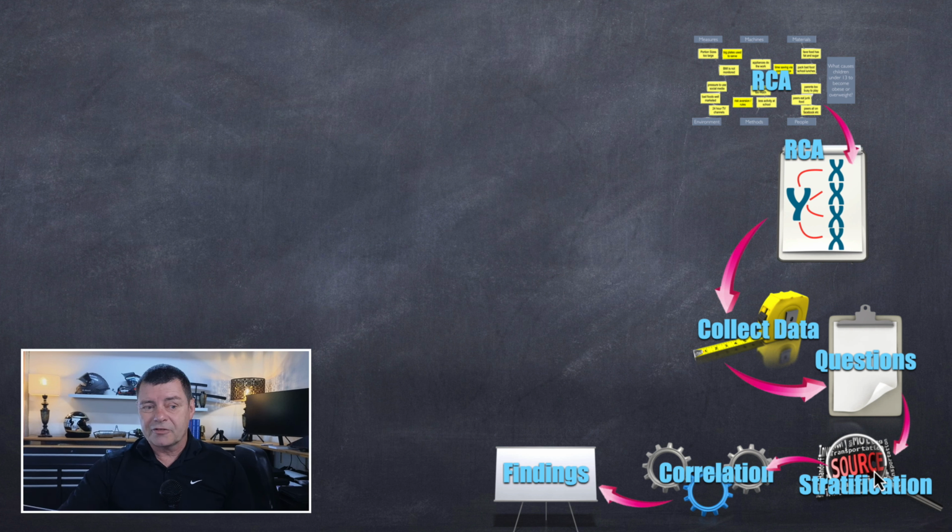We stratify the data where there are chunks of data we can pull apart and compare, and secondly we look at correlation between numerical X's and numerical Y's. Even if that doesn't make sense to you, just recognize that it's a two-step sequence of data analysis to validate statistically which are the X's that affect that Y, and then we would record our findings on that.